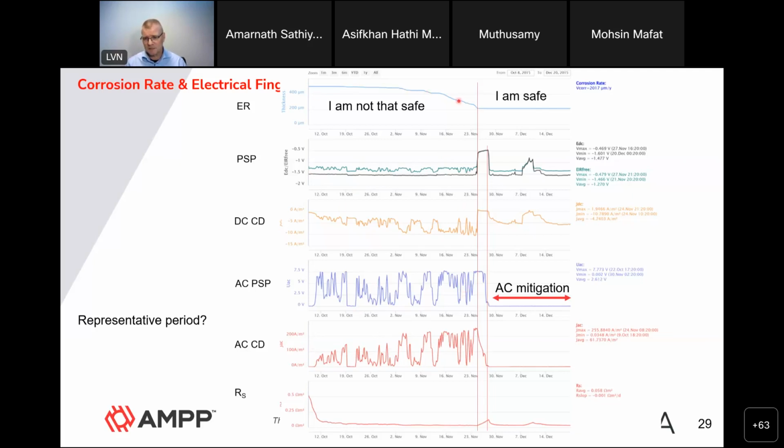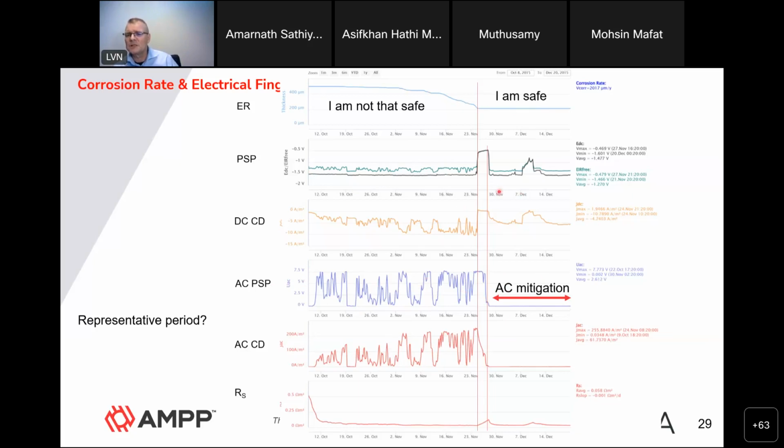I'm not going to go into very big details, but you can see that one way of mitigating here is to get rid of the AC induced on the pipeline. Of course, that will give you a safe condition where you don't have any thickness loss on your ER probe.